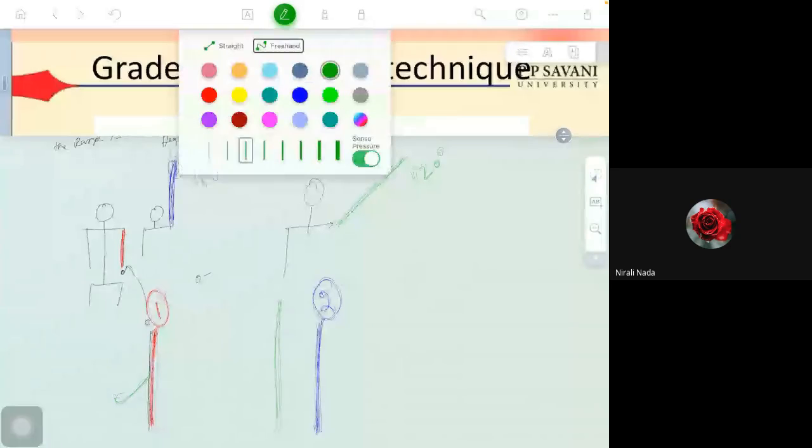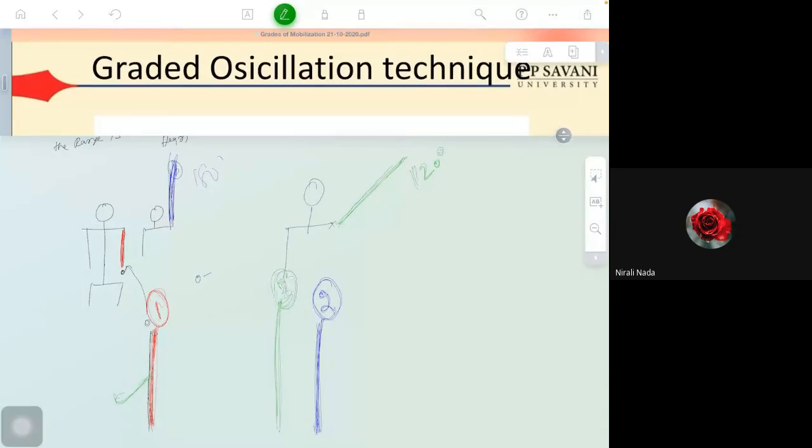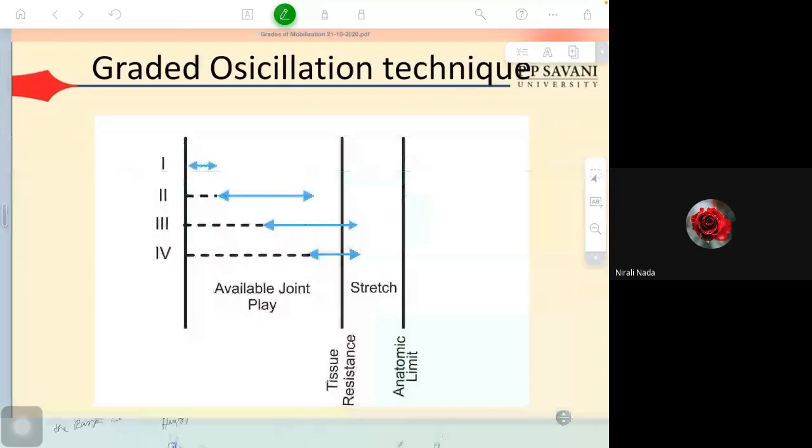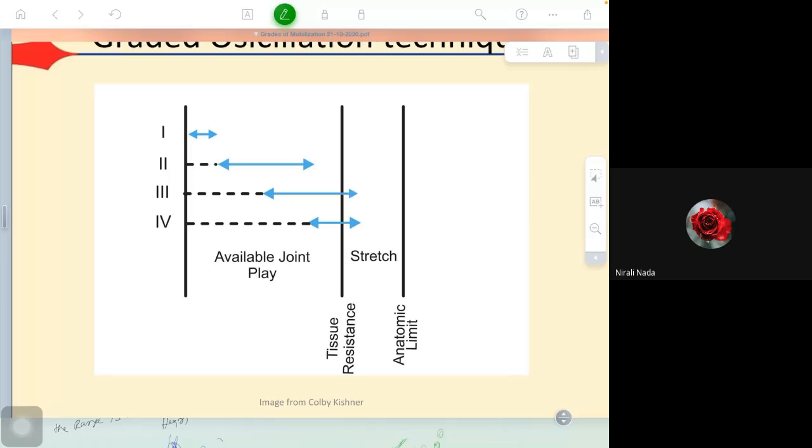This is the line. This is line number 1, this is line number 2, this is line number 3.